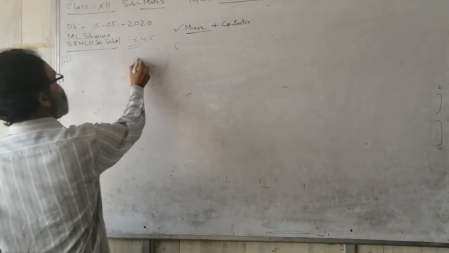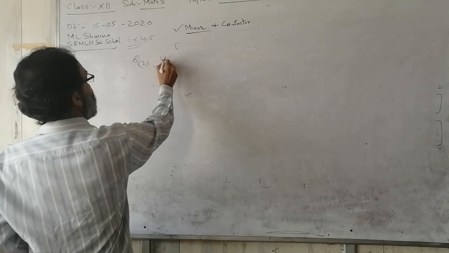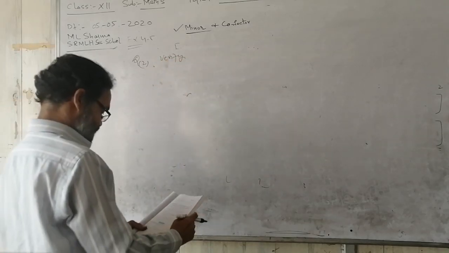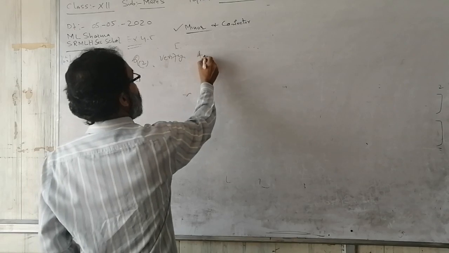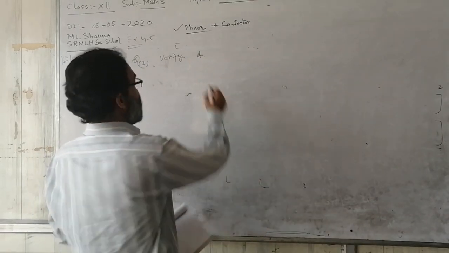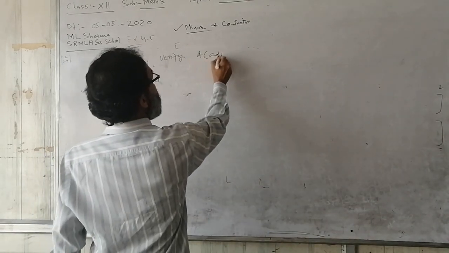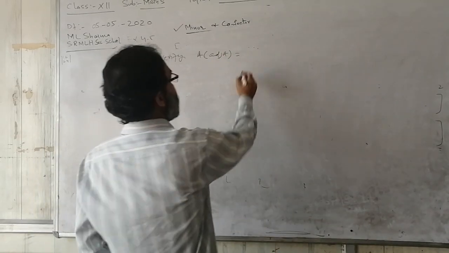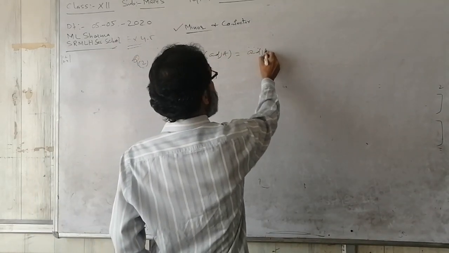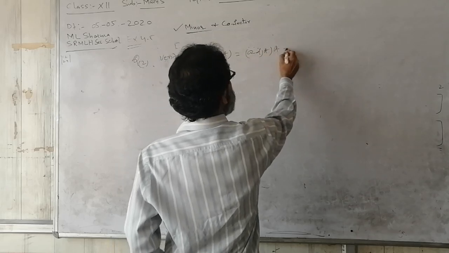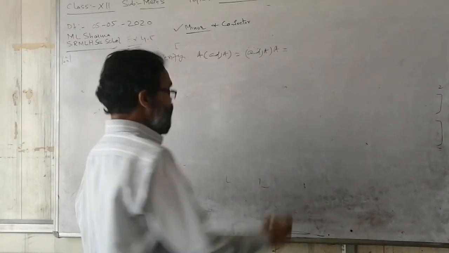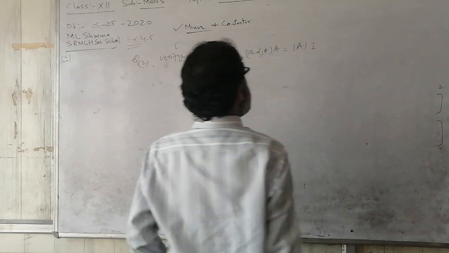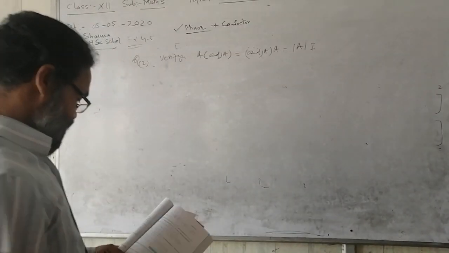Question is, we have to verify that A into adjoint A is equal to adjoint A into A, and this should equal determinant A into I, where I is the identity matrix.